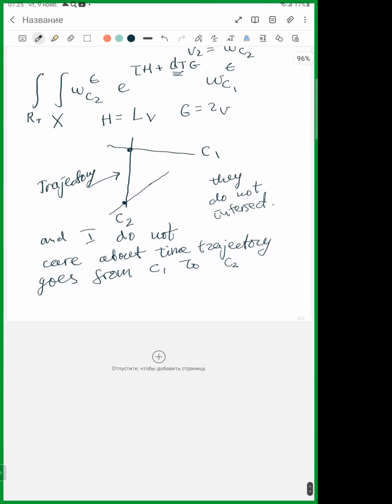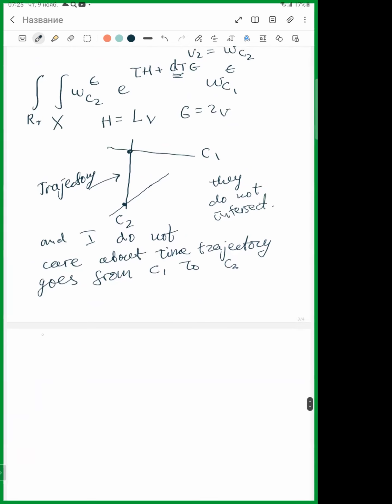Let me compare it with the easy problem. Here I'll write very similar integral, but without dt.